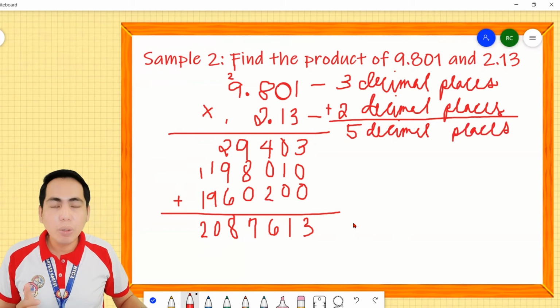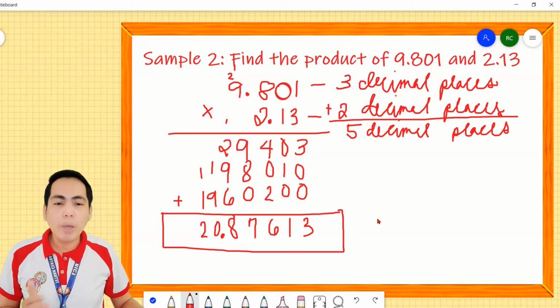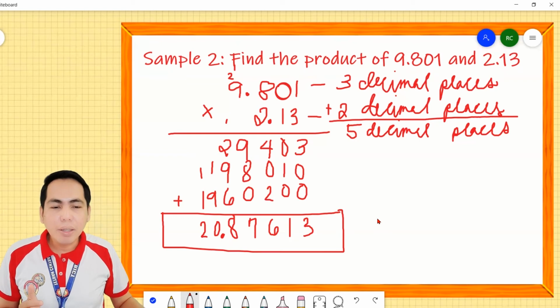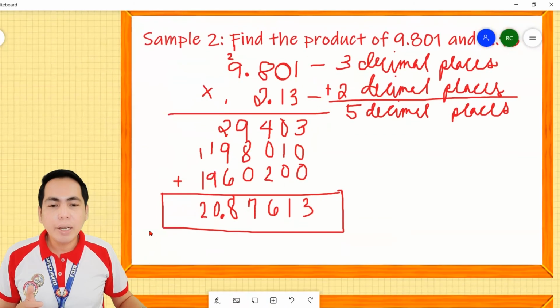So we have also to make 5 decimal places in our product. So starting from the rightmost, we have to count 5 decimal places. 1, 2, 3, 4, 5, and then our decimal point. So therefore, the product of 9 and 801 thousandths and 2 and 13 hundredths is 20 and 87,613 hundred thousandths. Now let's proceed to our third example.